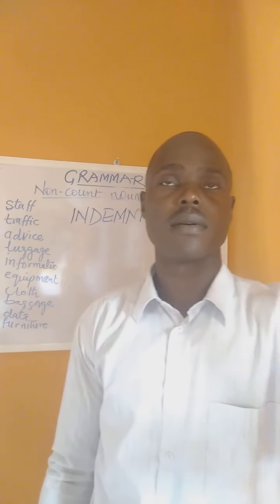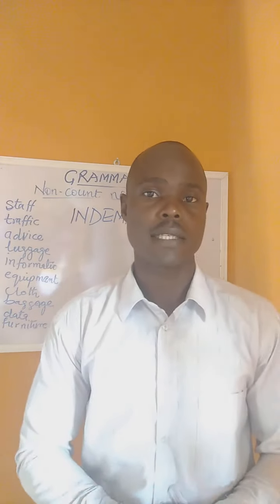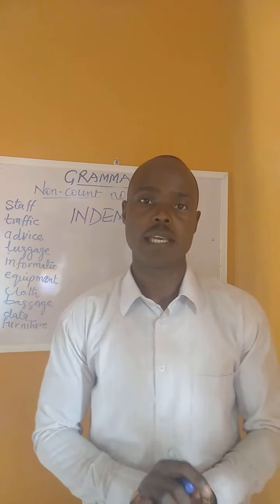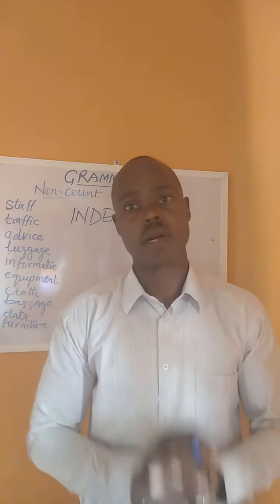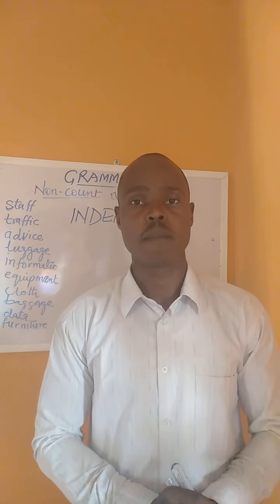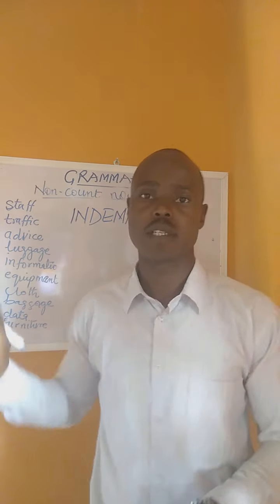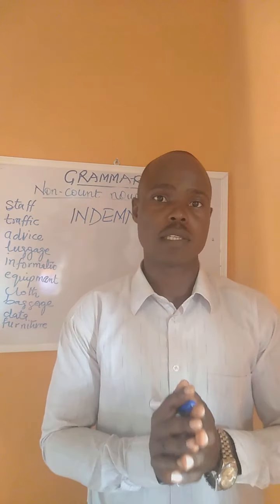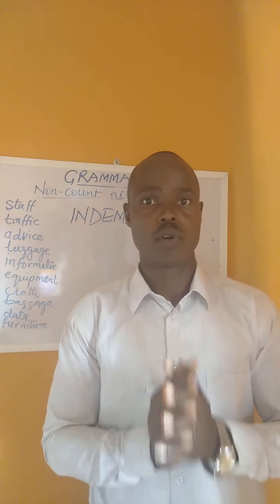To summarize, we said these mass count nouns do not add s, es, or ies to them in a way of pluralizing them. Please take note of that. If you must quantify, we have discussed what you need to do. So that will be it under mass count nouns for today.